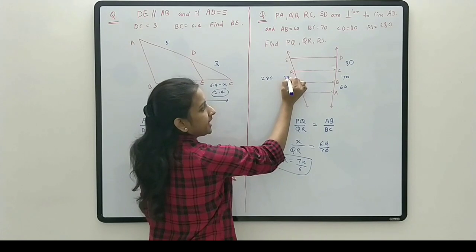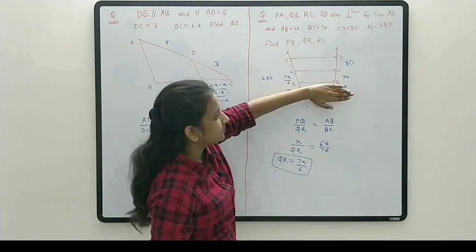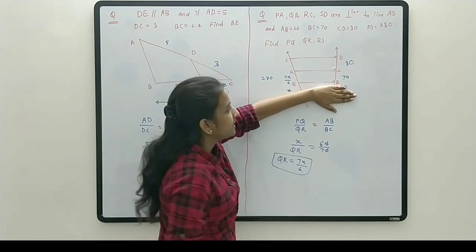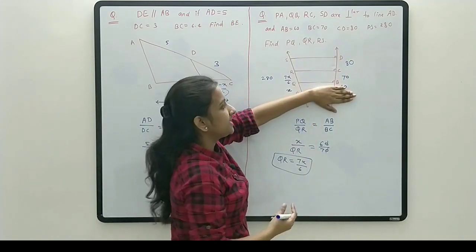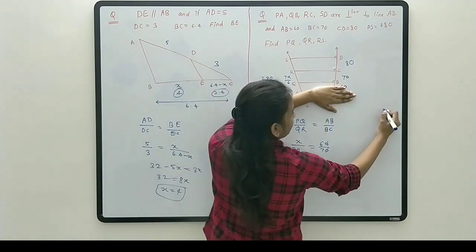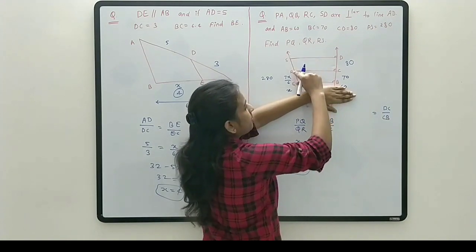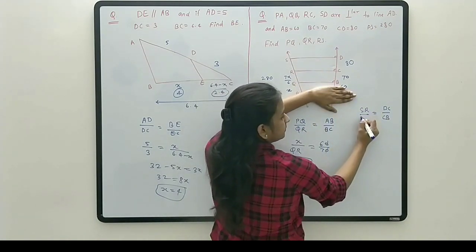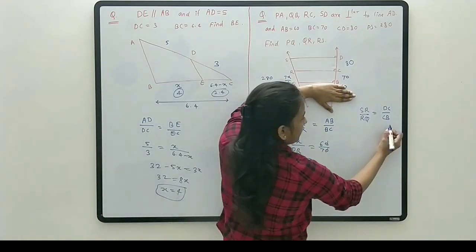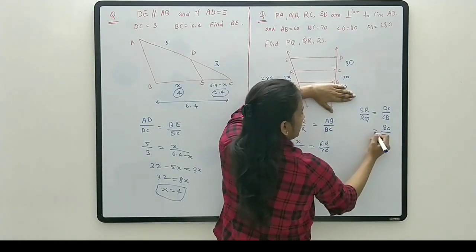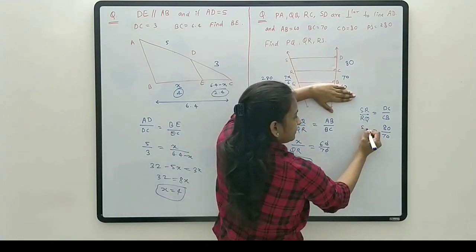Fine, 7x by 6. Now consider these 3 parallel lines, the last 3 parallel lines, and consider these 2 as transversals. Again apply the property: DC upon CB is equal to SR upon RQ. Okay. Now this value is 80 by 70. And SR, let's find it in terms of x.